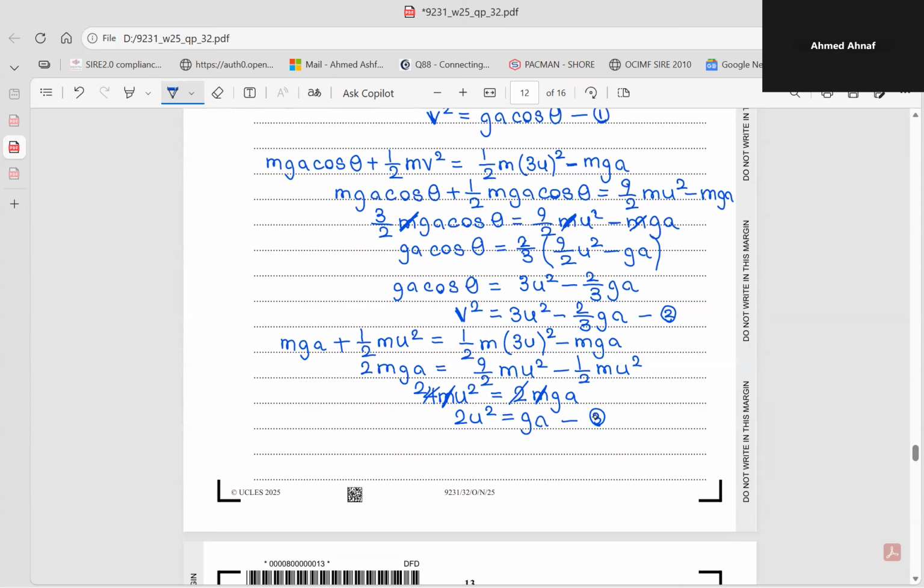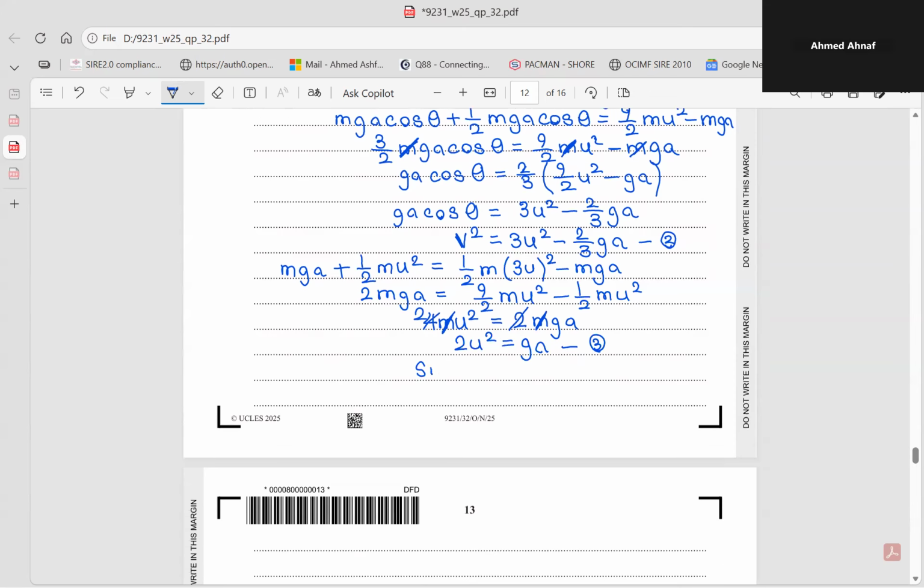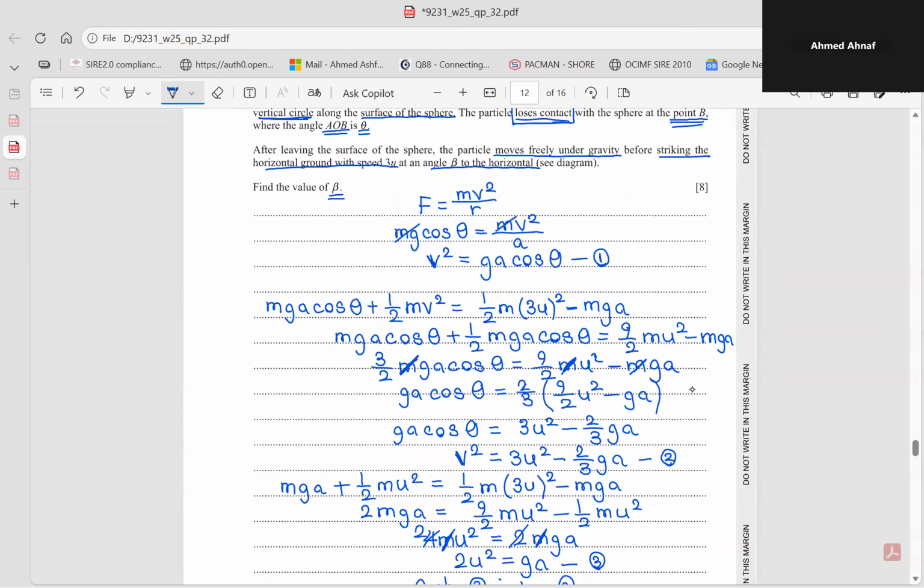This is equation 3. And now you can sub 3 into 2. You'll get V squared equals 3u squared minus 2 over 3 times 2u squared. So you'll get 3u squared minus 4 over 3 u squared, which is 5 over 3 u squared.